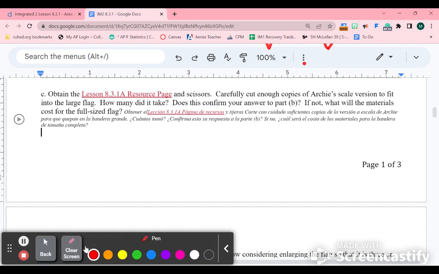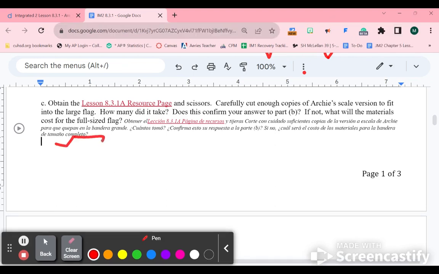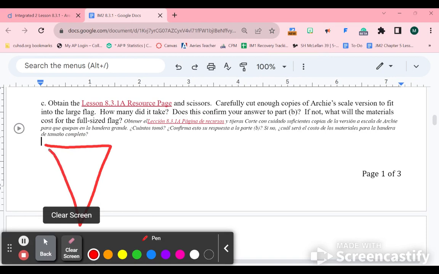What does that change? So, let's see. It turned out that 4 of Archie's little $2 flags fit inside the big one.